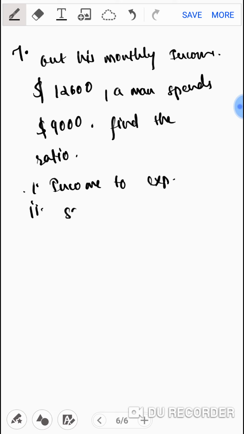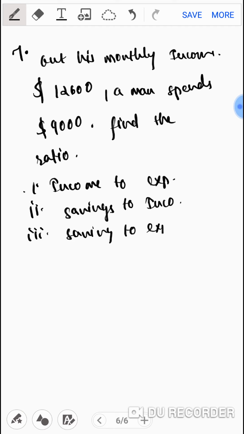Next, savings to income. Next, savings to expenditure. Now you have 3 quantities in this: income, savings and expenditure.